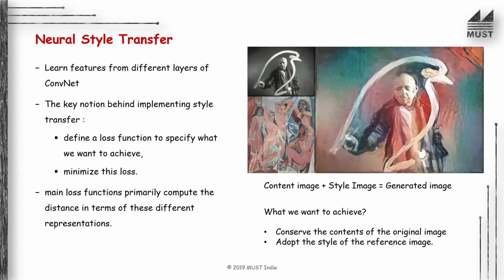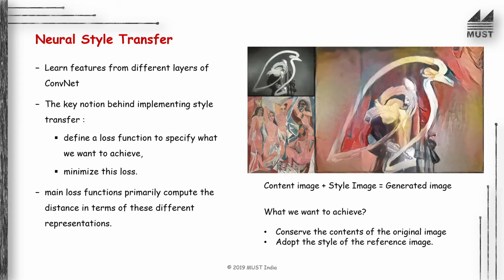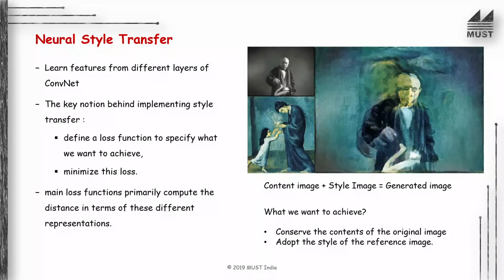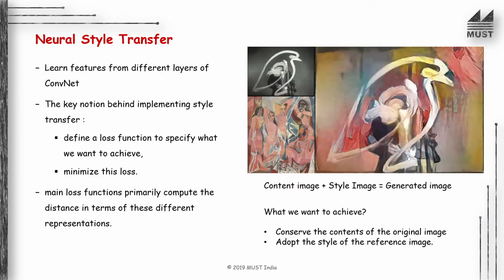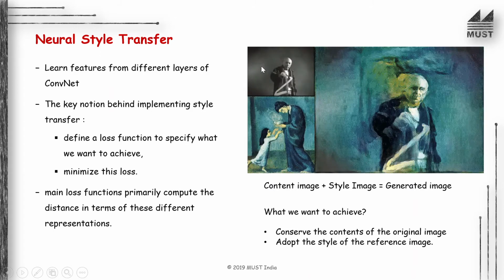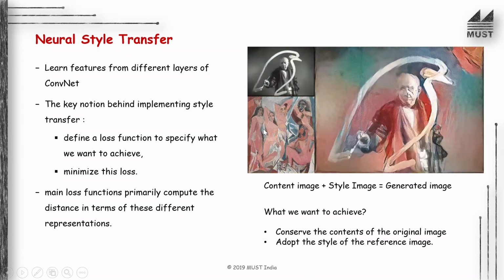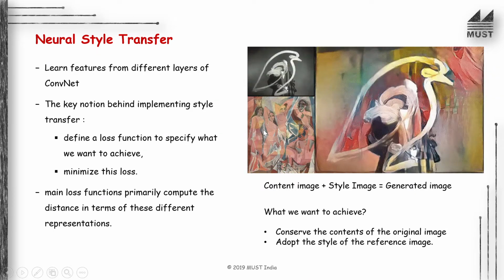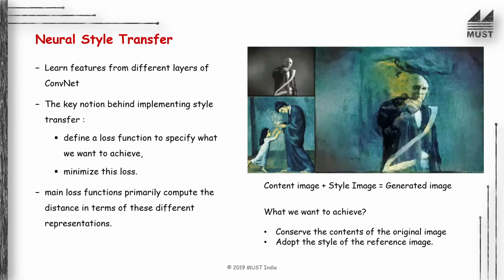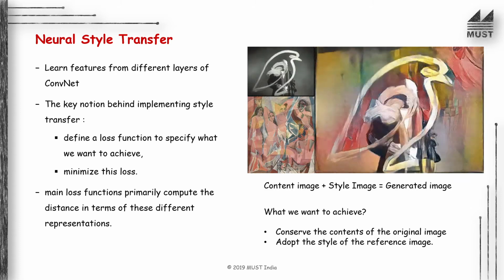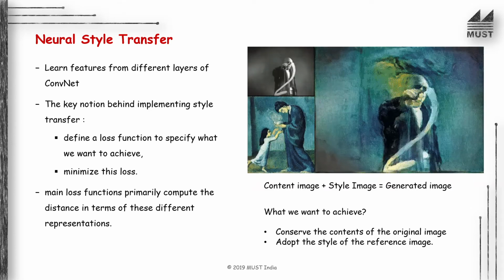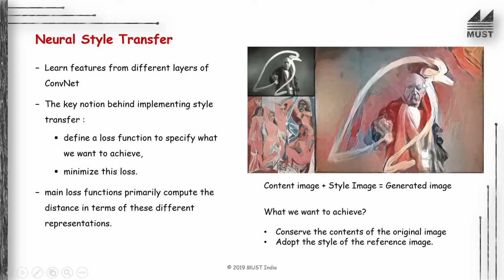Now coming to a very interesting concept of neural style transfer. In neural style transfer, you will have a content image and you will have a style image. These style images are typically related to very popular drawings done by renowned artists. Using these style images, you try to come up with a generated image.